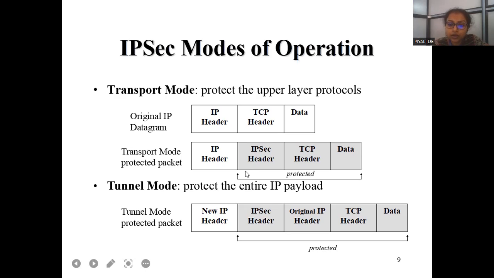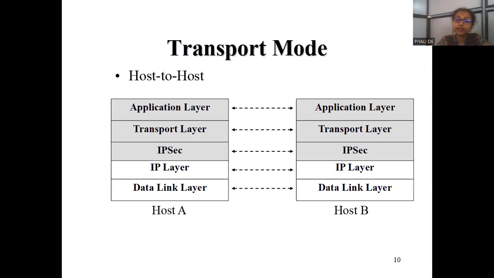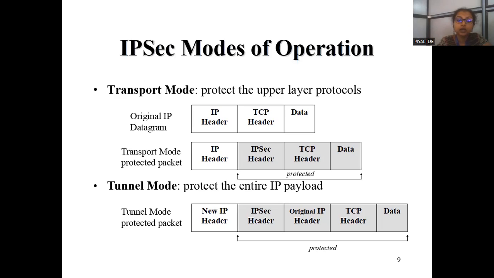So only this part is protected. This part is secure, from the IPsec header to the data, but the IP header is not secure, meaning the information contained in the IP header can be changed by anyone. But in tunnel mode, the entire IP packet is secure.